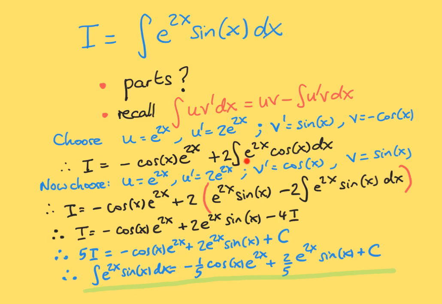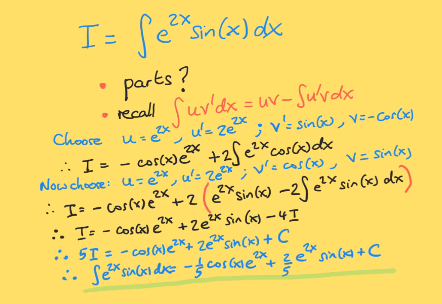Now, if we're going to do this, it's essential that the term we got from differentiation is differentiated again, and the term we got from integration is integrated again, because otherwise we would just go back to getting that this integral was equal to itself, which is true, but useless.